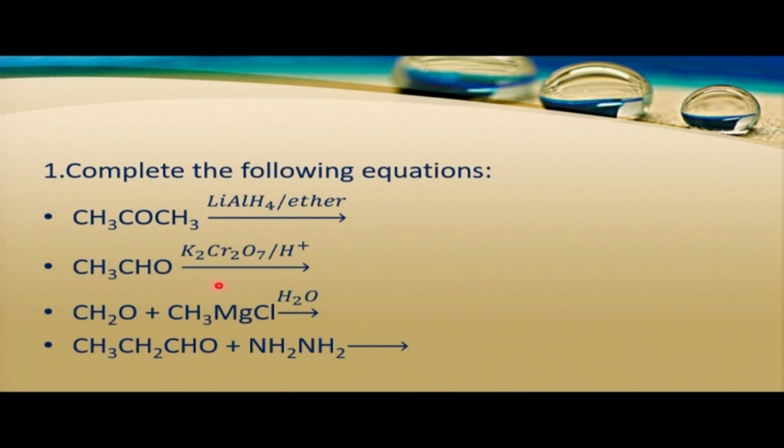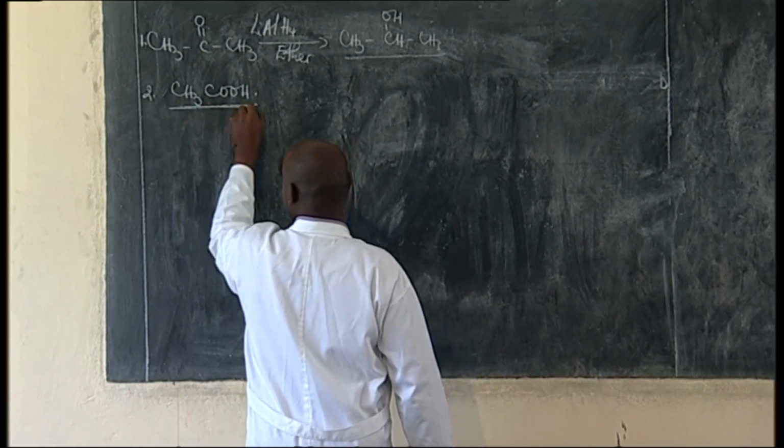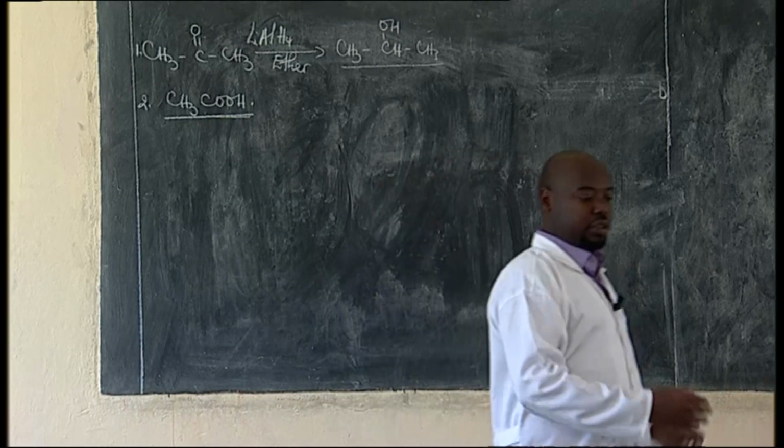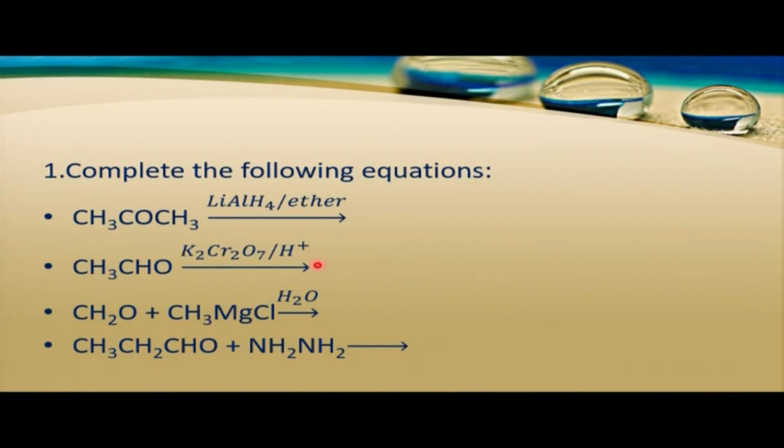When aldehydes are oxidized, we always produce carboxylic acids. So the compound we produce here is CH3COOH. That is the product to be written on the right side of our equation.